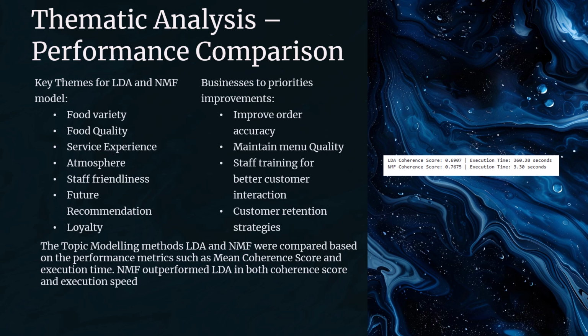Based on this analysis, NMF outperformed LDA with a coherence score of 0.7675 and ran much faster compared to LDA. It is clear that NMF produced more meaningful topics with more efficiency for this dataset.